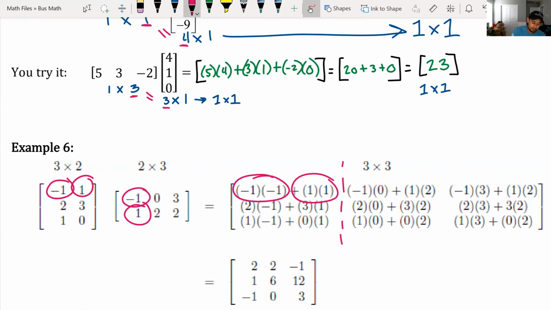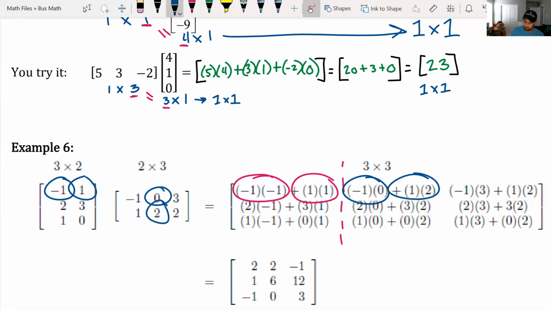Okay. And then the next thing we do is -1 times 0, which is right here, plus 1 times 2. That is the second element in row 1 of our new matrix.